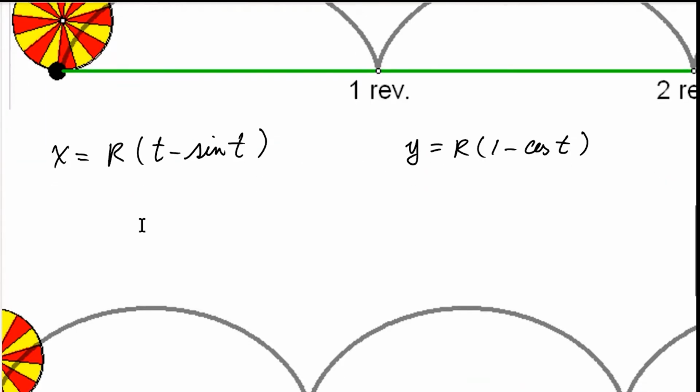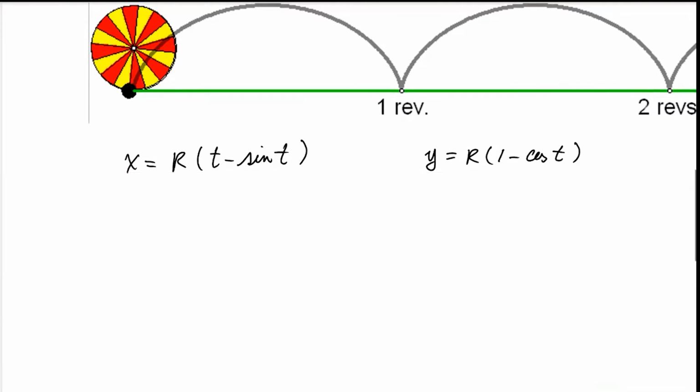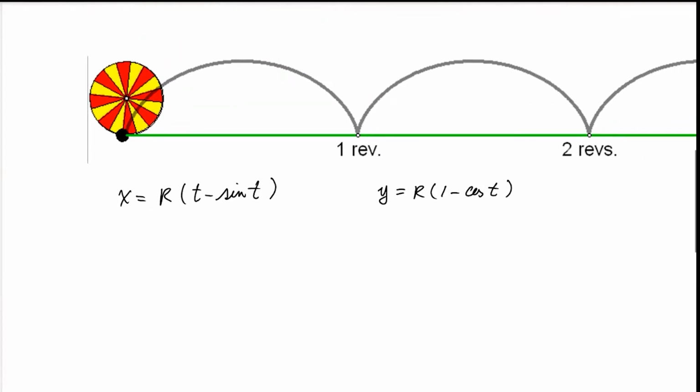So if we have such a thing, now we want to be able to take a derivative. Okay, so we need this. We need dx/dt, which will be r times (1 minus cosine of t), and then we need dy/dt, which will be r sine t, eh?